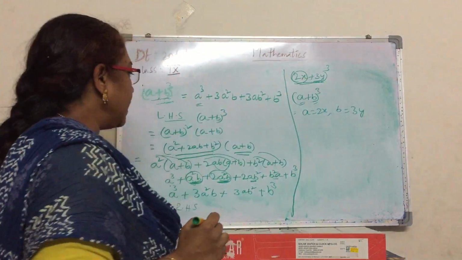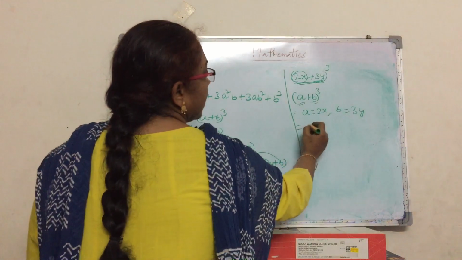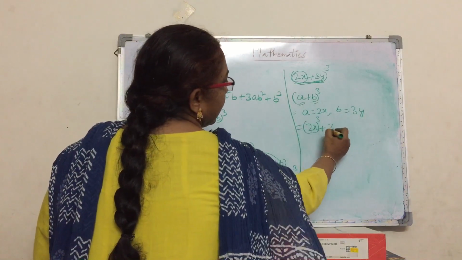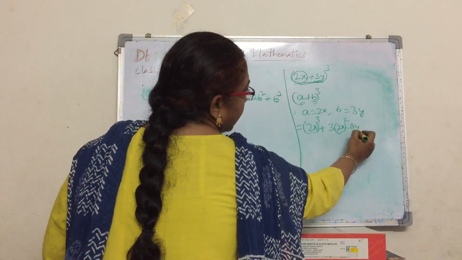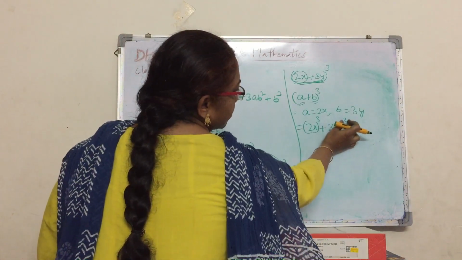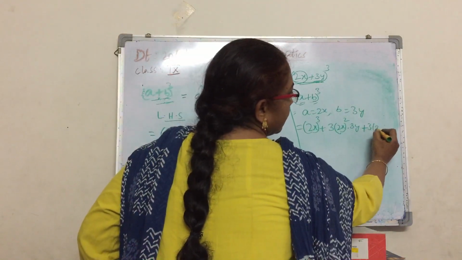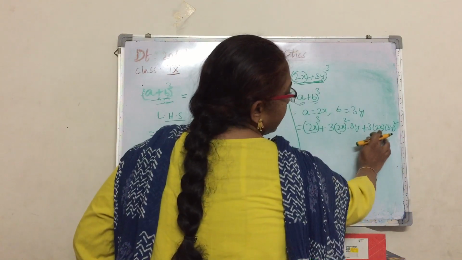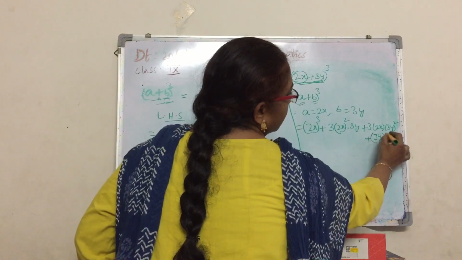Okay. Now according to this identity, we have to expand. Here what is the other side? A cube. So 2x whole cube plus 3a square into b. Here this is 3, this is a square, this is b. Plus 3ab square, 3 into a into b square. This is 3ab square plus b cube.